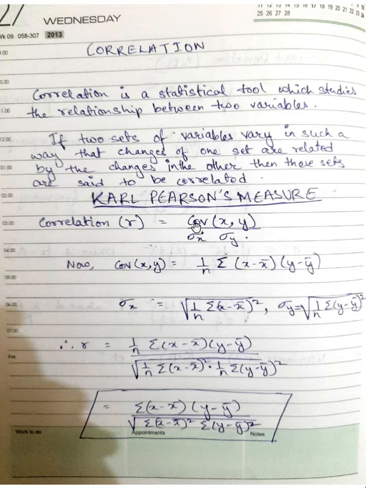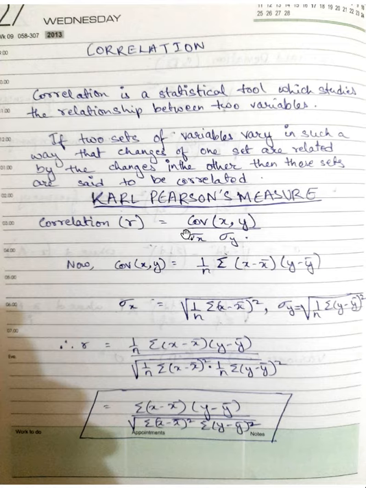So it is written as covariance of x and y divided by sigma x into sigma y. So sigma x and sigma y are here the standard deviations of x and y, and COV x comma y is the covariance between x and y. Here we are measuring the correlation between two variables x and y.